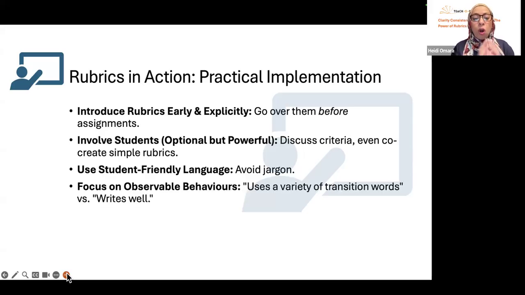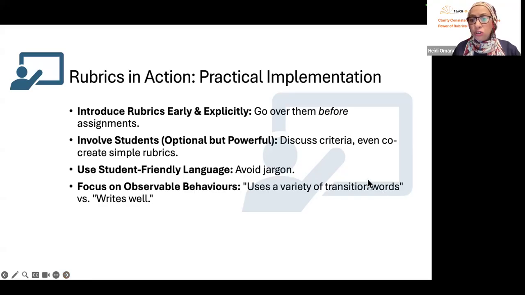And focus on observable behavior. So you don't say "writes well" in the rubric. It's like, what is well? Define well. What do you mean by well? No, you need to make it even clearer by using, for instance, if this student needs to write a narrative essay, so it starts with in the beginning, after that, then, next.